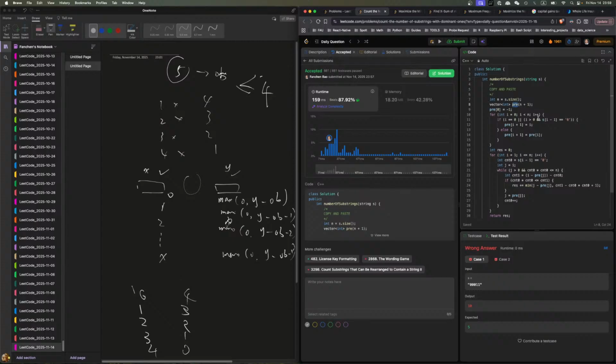And if not, this is going to be the previous one. So that's like the 0. What's the index of the 0, right? I don't know.